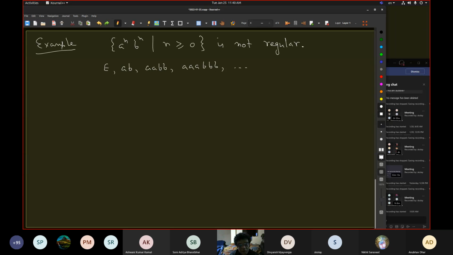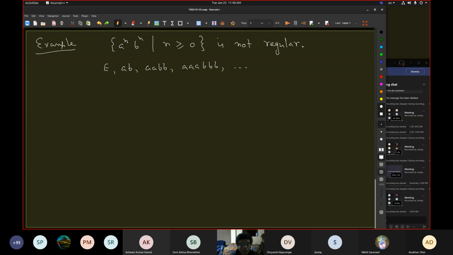But using only finitely many states, you cannot simply remember how many a's have come, and then later verify that the same number of b's have come. So this is an intuitive justification why this is not going to be regular. You need some external memory to store this n in some fashion.